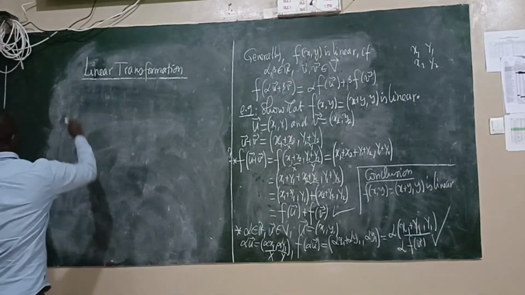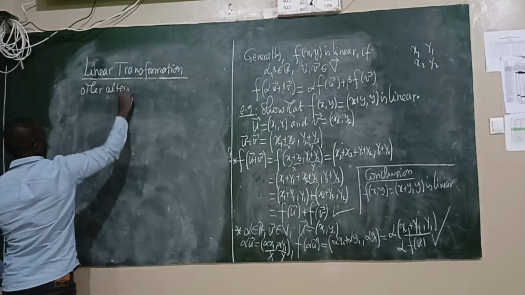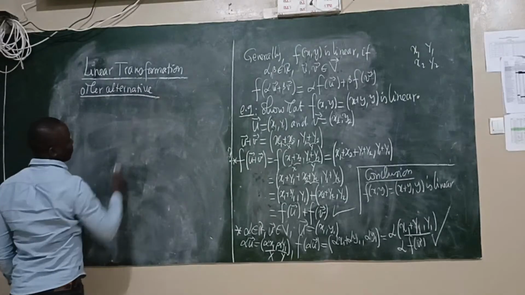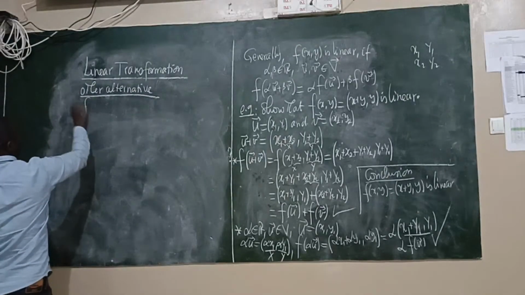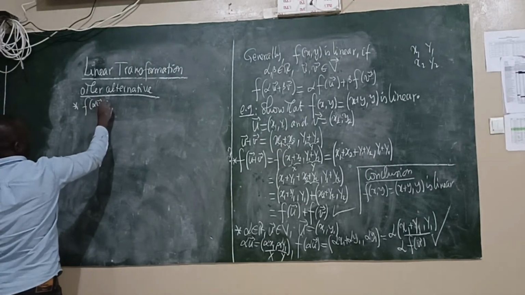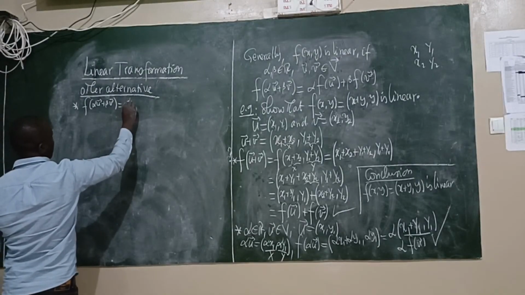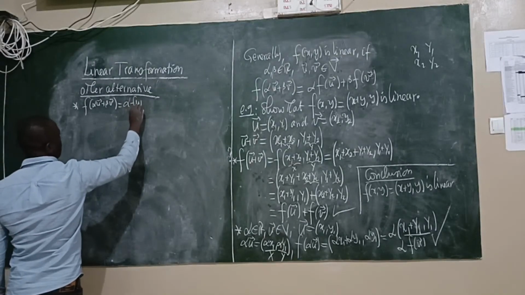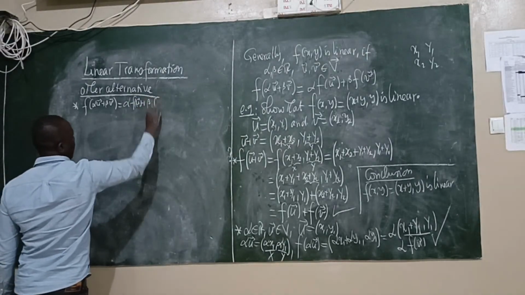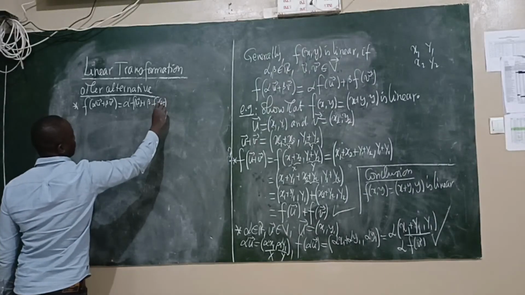The other alternative: we need to use this property, f of alpha u plus beta v. We need to show that this is alpha f of u plus beta f of v.